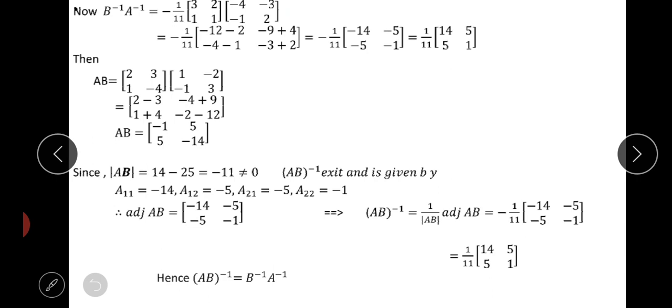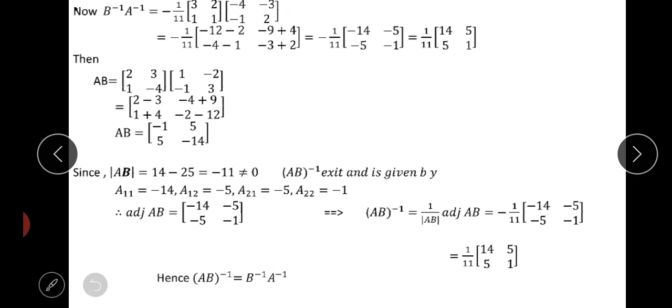Okay, but I have taken 1 divided by minus 11 in front first, then I will write the two matrices. Then minus 1 by 11 as it is, then multiply first row with first column: 3 fours are 12, 3 into minus 4 is minus 12, 2 into minus 1 is minus 2.